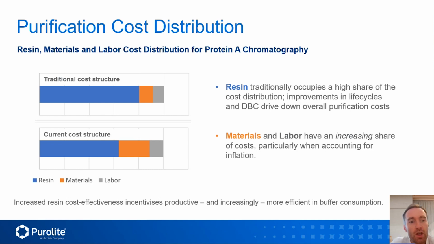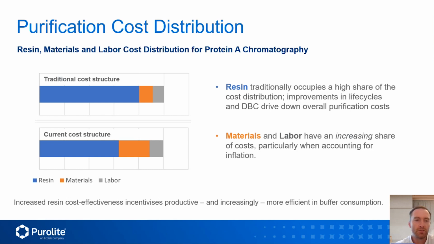The current cost structure and the general trend we're seeing, especially with more caustic resistant resins, such as the jetted 850, you can see that the resin itself is occupying a smaller proportion of this, whereas materials and labor costs are occupying a larger proportion of it. This sort of represents the fact that protein A resins are having longer life cycles and they're having higher dynamic binding capacities.